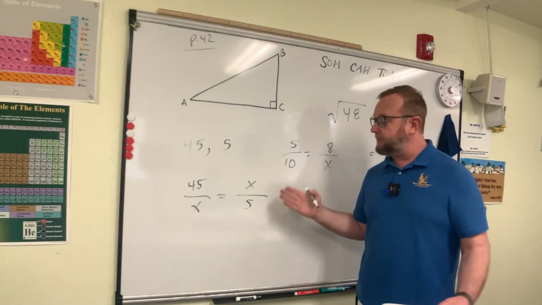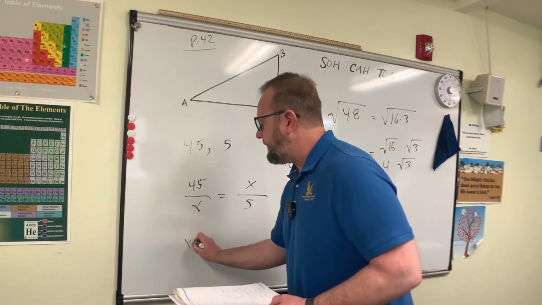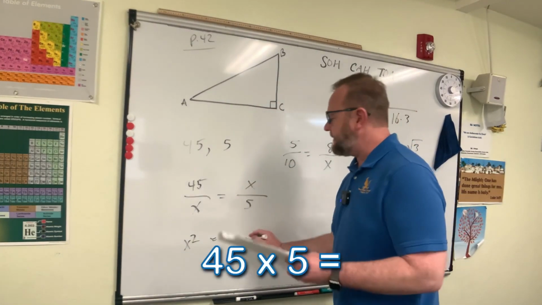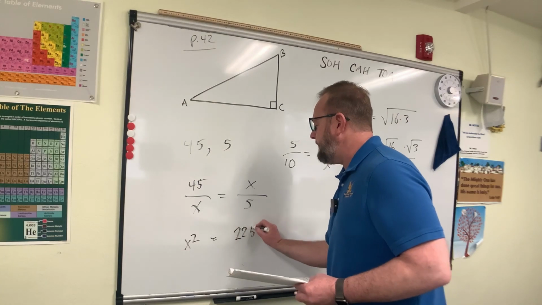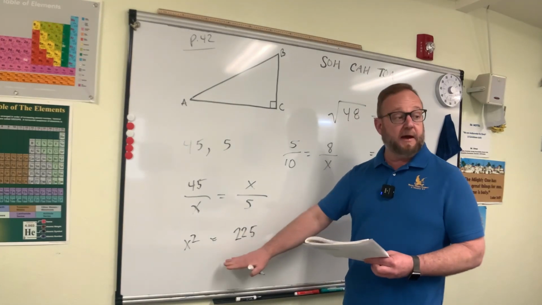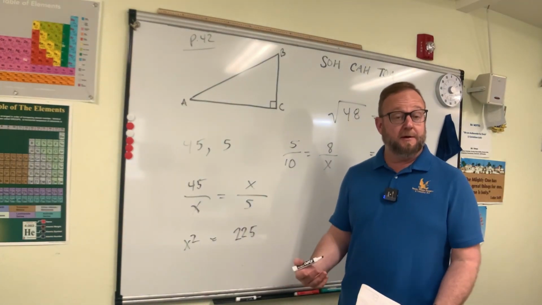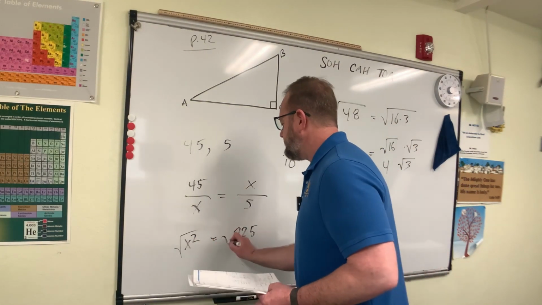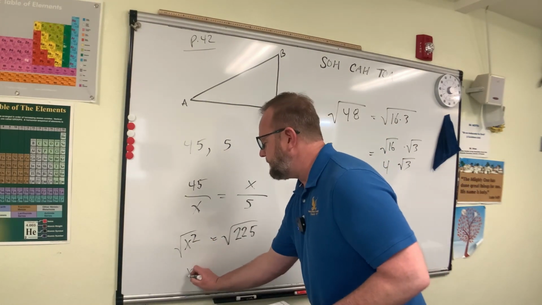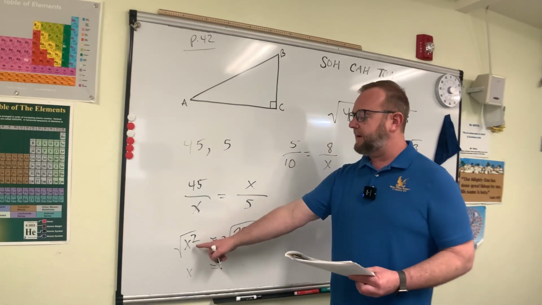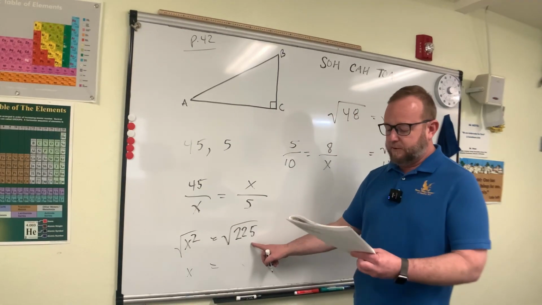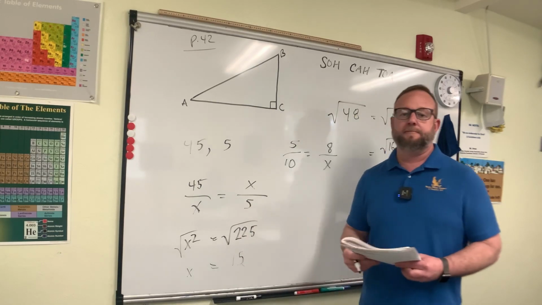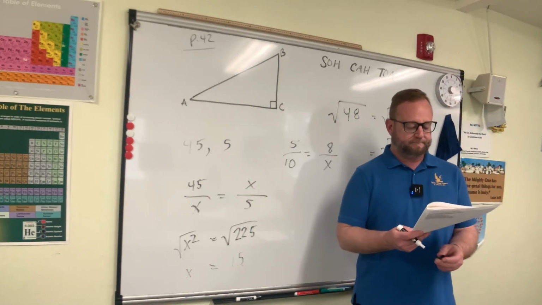Remember, these are the ones where when you cross multiply, you get x squared equals 45 times 5, which is 225. And in order to solve for x, you have to take the square root of both sides. This simply becomes an x, because square root of x squared is x, and square root of 225 is 15. Remember those?